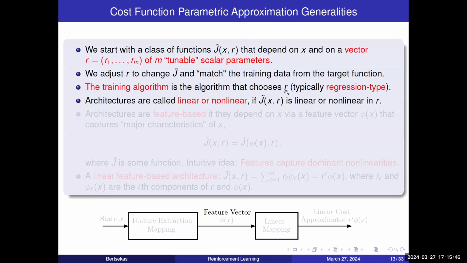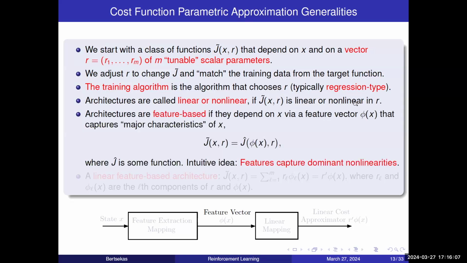Depending on the architecture type, we call the architecture linear or nonlinear. If it's linear in R, then we call it linear. If the cost function depends nonlinearly on R, then it's nonlinear. If there are explicit features that we have relied upon to build our cost function, then it's called feature-based.